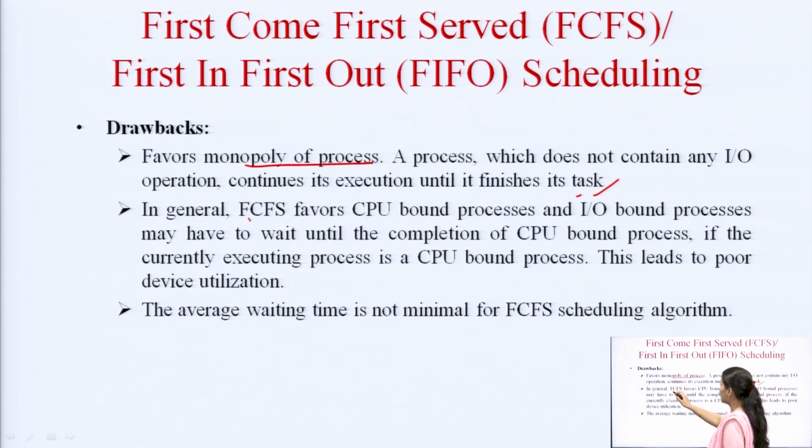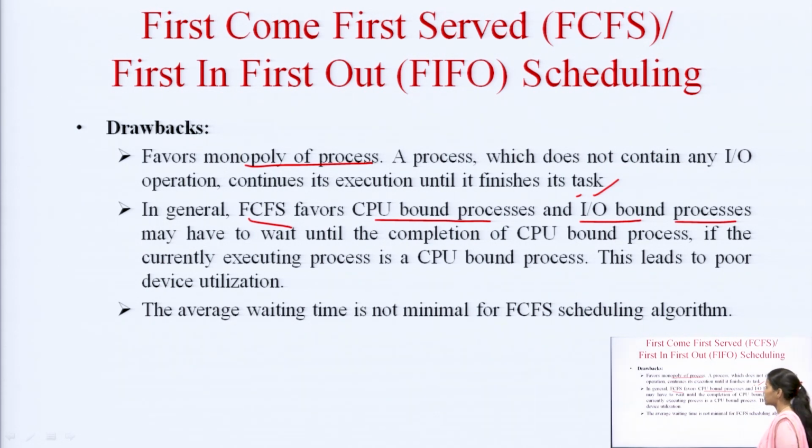In general, first come first serve favors CPU bound processes, and input output bound processes may have to wait until the completion of the CPU bound process. So, if the currently executing process is a CPU bound process, then it will keep on executing. This leads to poor device utilization.